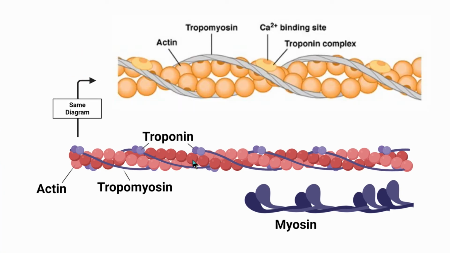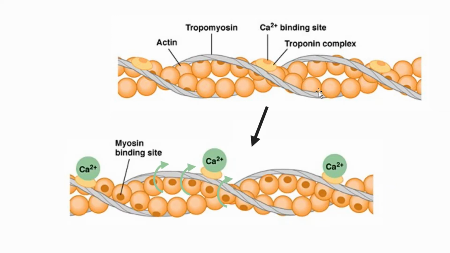I'm going to have to switch diagrams, so we're going to have to leave the color coding behind because I found this diagram that I thought was far more applicable, made a little bit more sense than what I could draw out. So you've got your actin here. You still have your tropomyosin wrapped around.